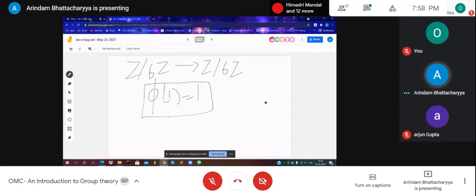Primitive roots are needed for multiplication, right? We are dealing with addition here. Primitive roots are related to multiplication modulo numbers. I think the reason is that element one can get mapped to any number which is coprime to n. So that's the reason. Yes, exactly. So anyone has any doubts on this?